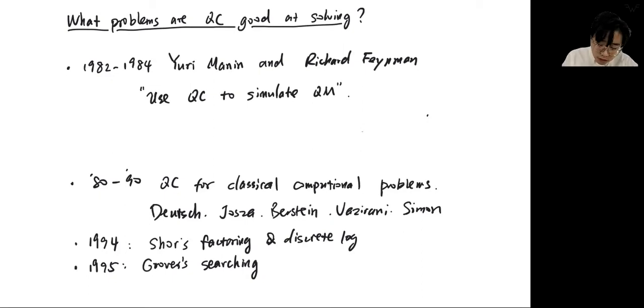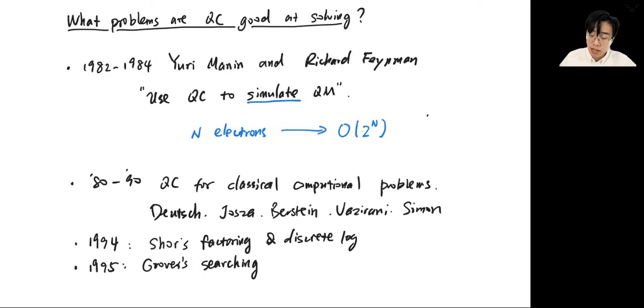The intuition is that to simulate quantum mechanics, for example, the electronic structure of a molecule, suppose we have a molecule of n electrons, then with a classical computer, it is believed that we need an exponential number of computational steps or amount of resource to simulate all the interactions between the electrons.